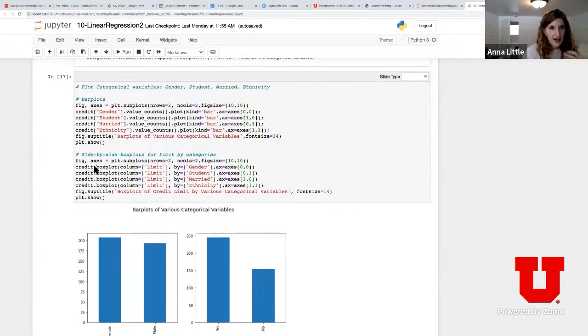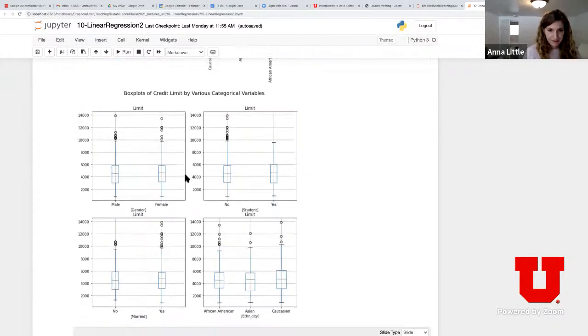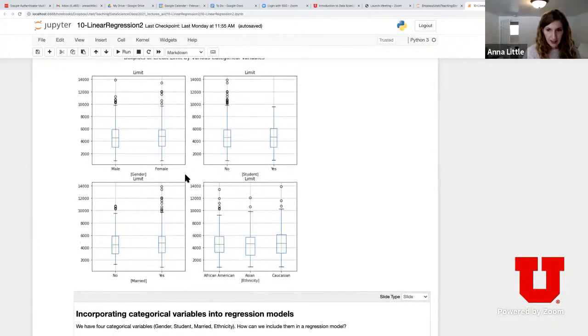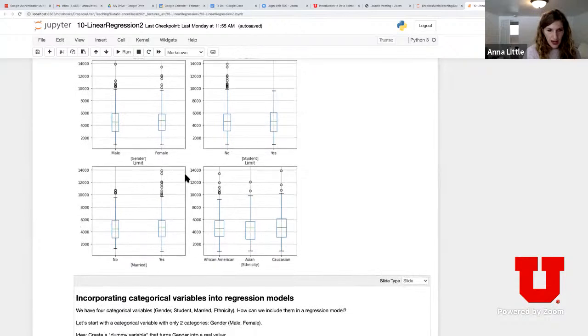And then you can do a dot box plot, and you just need to specify the variable that you want to plot and use the by functionality to split by different values of a categorical variable. Okay, and this is making those 4 plots.